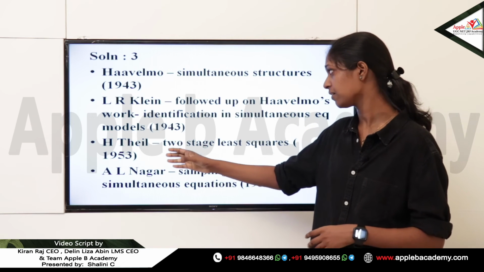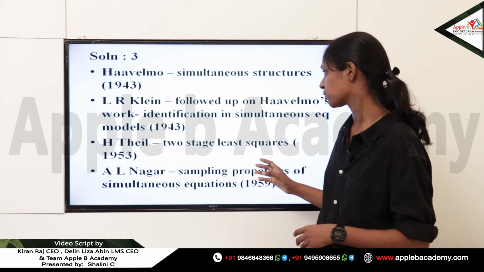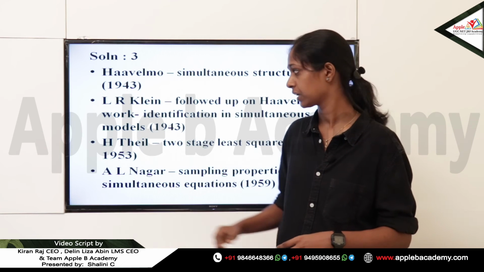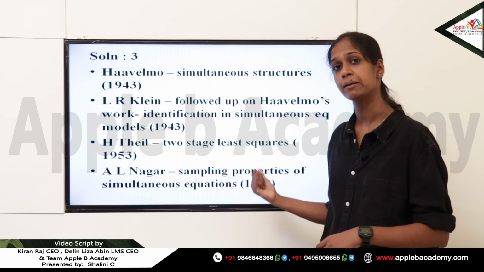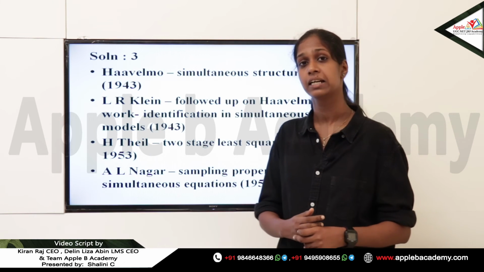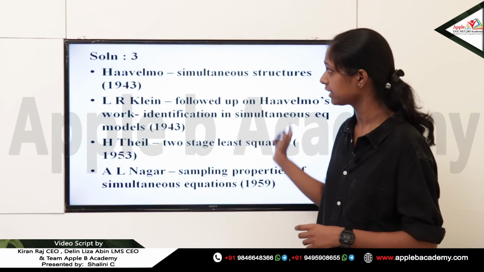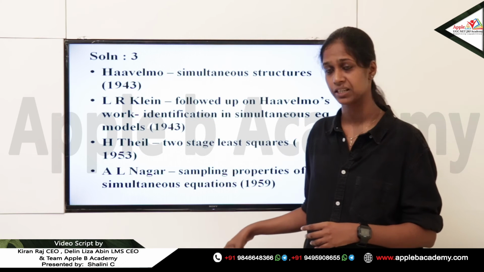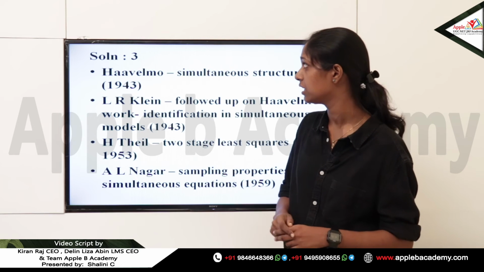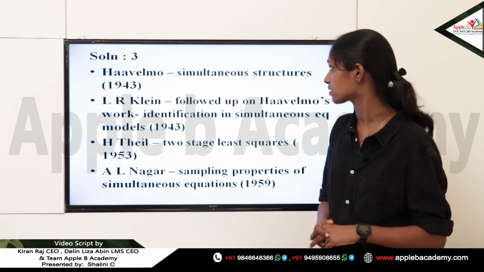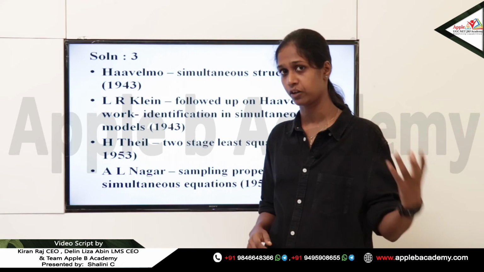Thirdly, Theil was working on two-stage least squares in 1953. And finally, A.L. Nagar was working on the sampling properties of simultaneous equations in 1959. All these areas are connected with each other. These 2 people are directly connected because Klein was following up on Haavelmo's work. So Haavelmo started with the ideas on simultaneous structures in 1943.